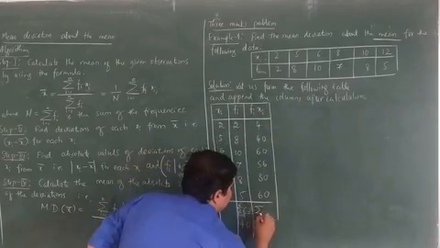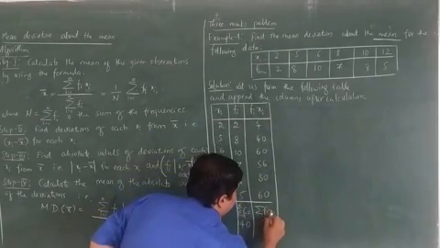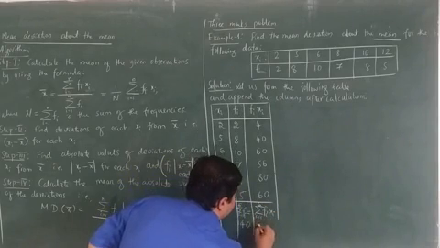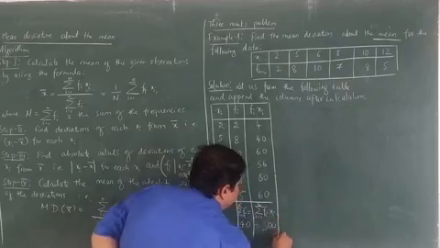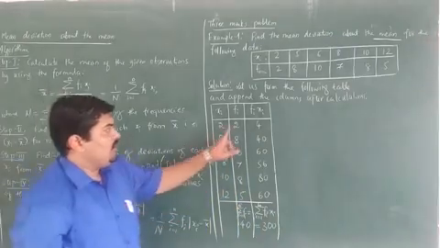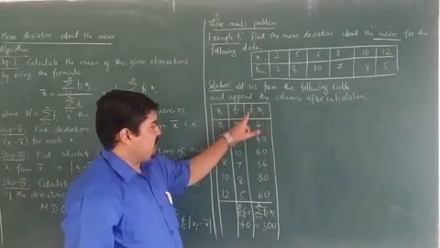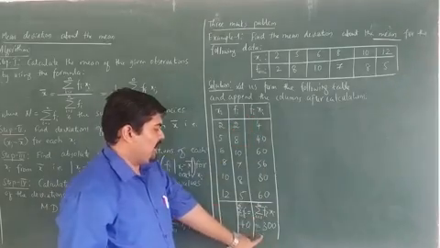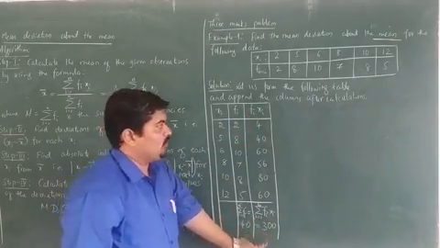This is the summation of fi xi where i runs from 1 to 6, equal to exactly 300. I hope we have understood how to calculate the product of each observation with the corresponding frequency and to calculate its actual summation.